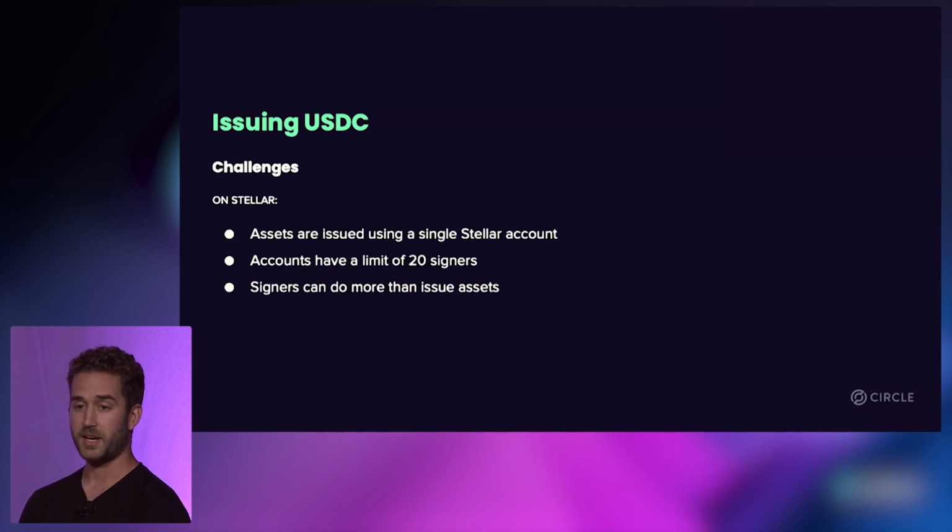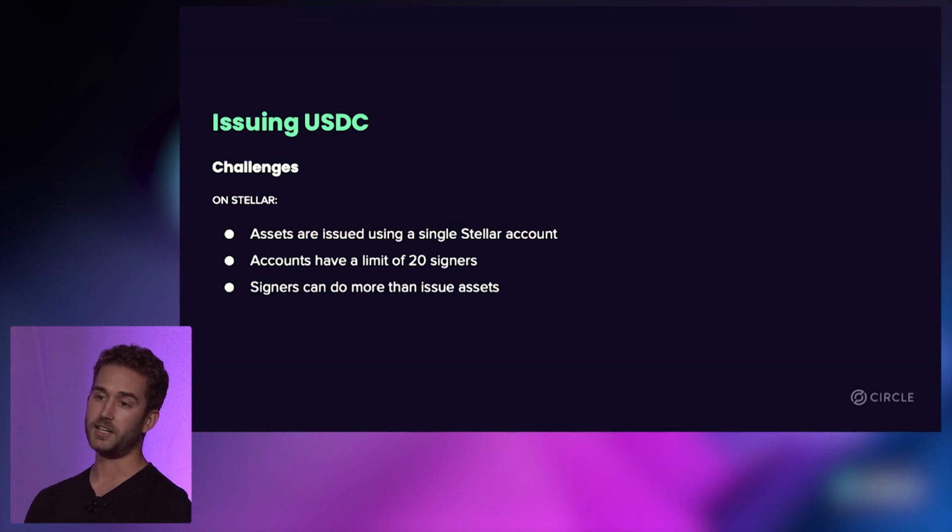Assets by default, and every asset on Stellar, is issued from a single account. So if you're trying to delegate issuance to multiple minters, you obviously have a problem. The obvious approach is to give multiple organizations access to a single account through Stellar's multi-sig functionality. The problem there is that Stellar has a limit of 20 unique signers on an account.